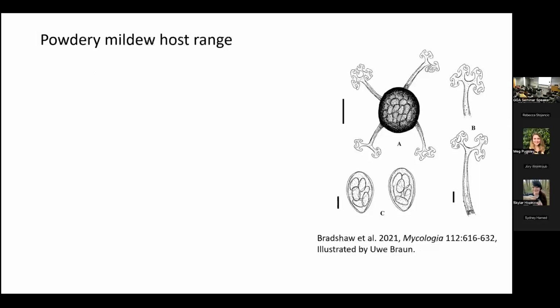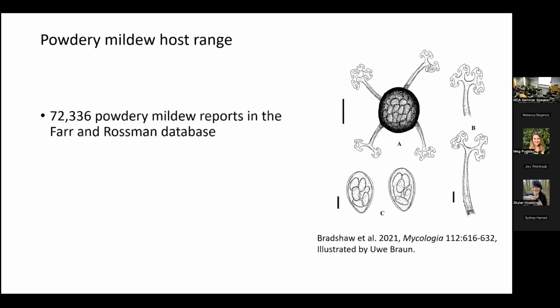So I discussed a little bit about how powdery mildew was everywhere. But now I just want to show you some data proving this. There's this big database through the National Fungus Herbarium in Washington, D.C. And within this herbarium, they keep a database of all the different fungi that have ever been reported.